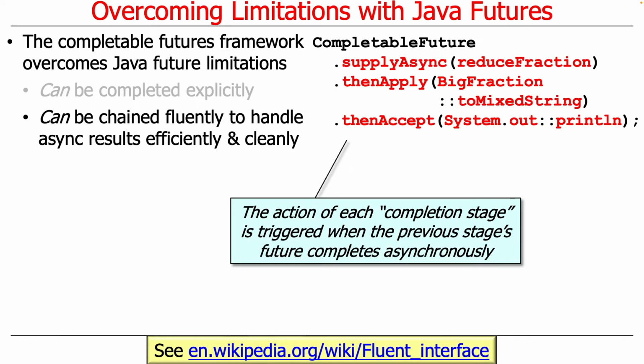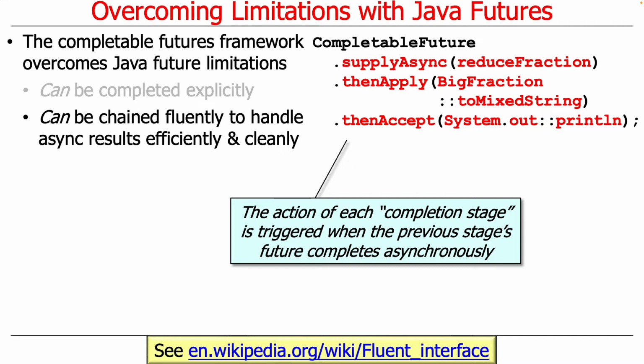Something else you can do, which is really one of the most important things, is you can chain together actions that handle the results of asynchronous computations efficiently and cleanly. And the way this works is using something called a completion stage method, and we'll talk a lot about those because that's the bulk of the methods in Java completable futures.